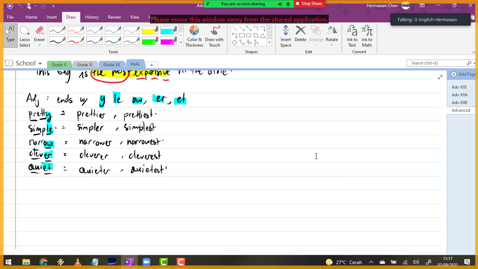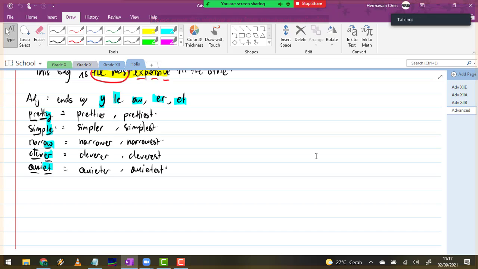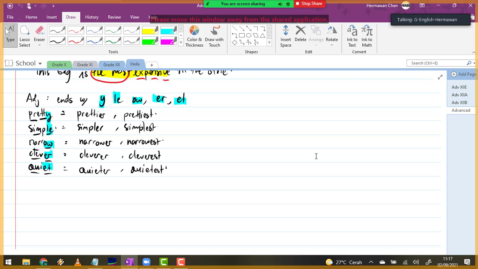Pretty. 2 syllables, right? If it's 2 syllables, we have to use more. Or we have to use the most if it's superlative. But for pretty, because the adjective ends in Y, we do not use more, we do not use the most. Instead, we use ER and EST. So pretty becomes prettier and prettiest.